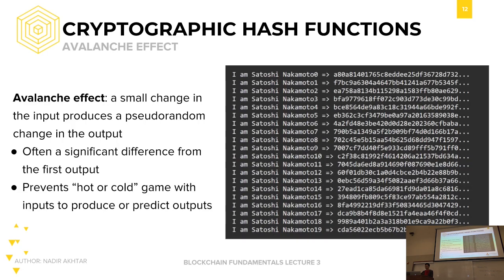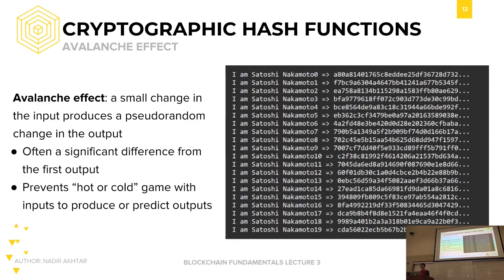And moving on, we also refer back to the idea of an avalanche effect. Some small change in the input produces a pseudo-random change in the output. It alludes back to the first slide. If we were looking at this picture right here, we want similar data, no matter how similar they are, to produce different outputs, right?